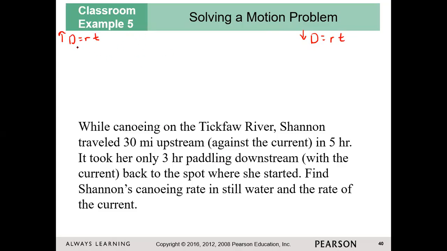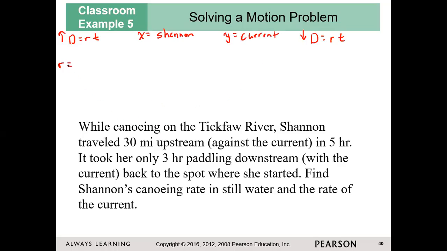One of the things that you need to consider here is that when you're going upstream, your rate is calculated by two things. It's calculated by how fast Shannon is paddling and also how fast the stream is preventing her from going up the stream. It's the rate of that current. So we're going to set X to be Shannon, and we'll set Y to be the current.